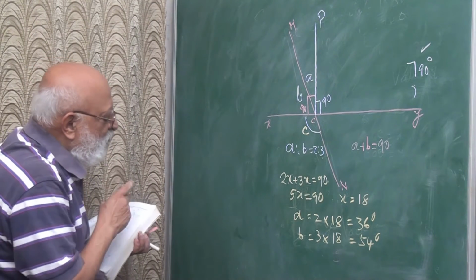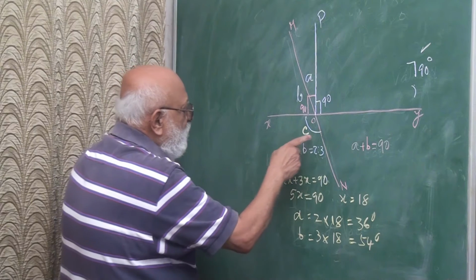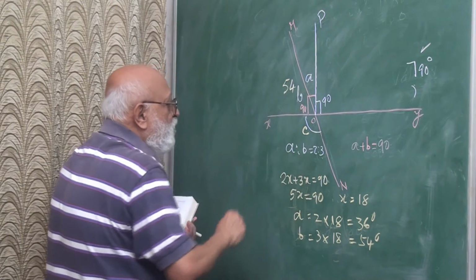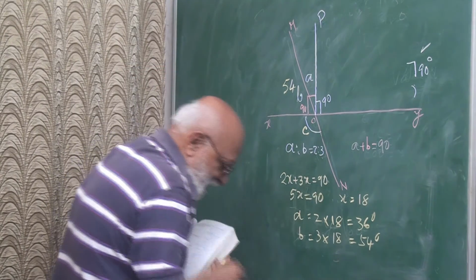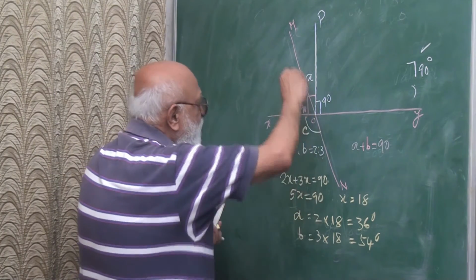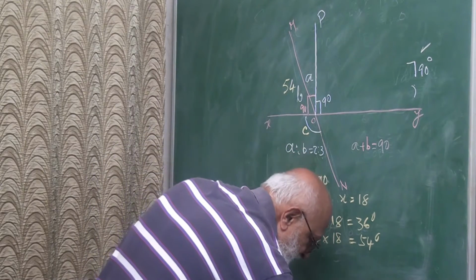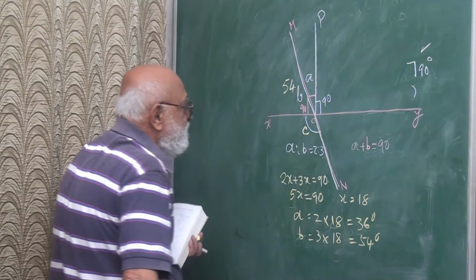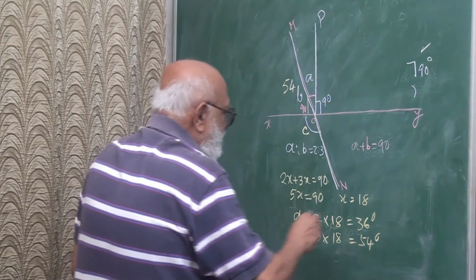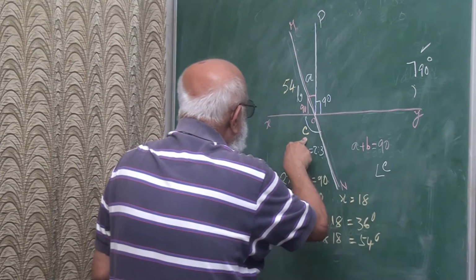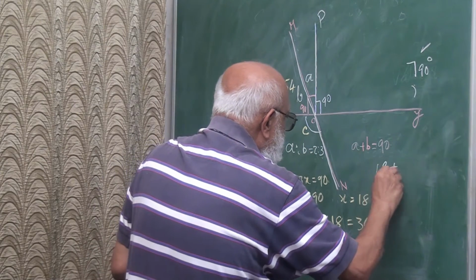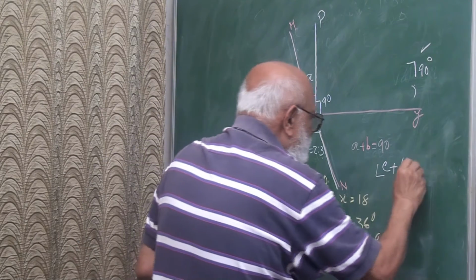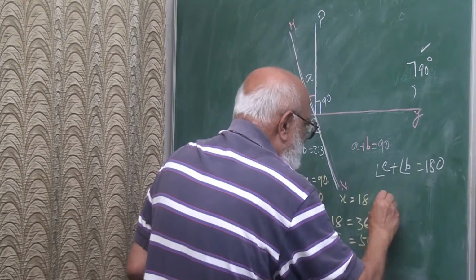So this is what it is. I am interested in B now because they want this angle. So B will be equal to 54. If it is 54, then I can use this particular line. It is already in a different color, so you will have no problem. In order to give emphasis, I will be using this angle. So angle C plus angle B will be 180, right? Why?